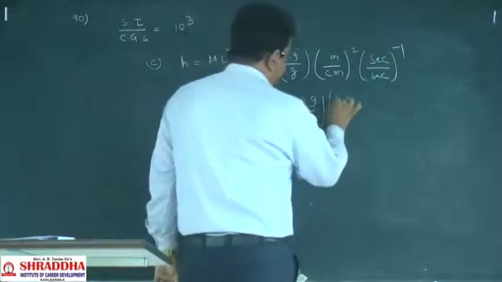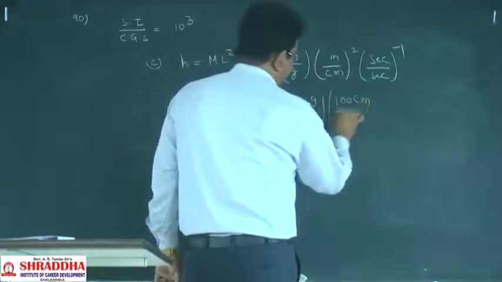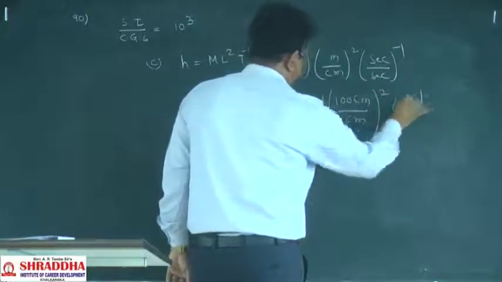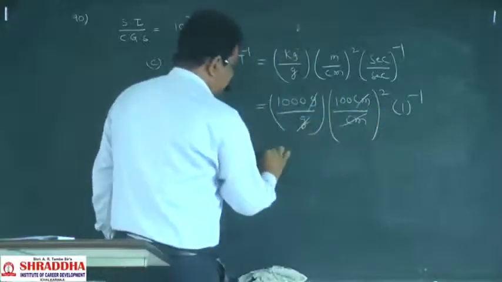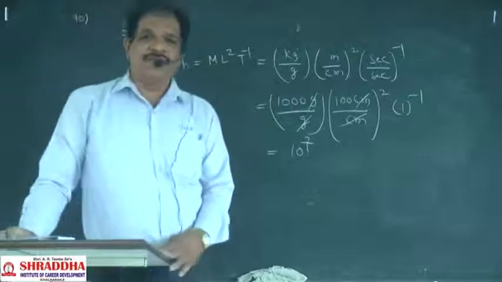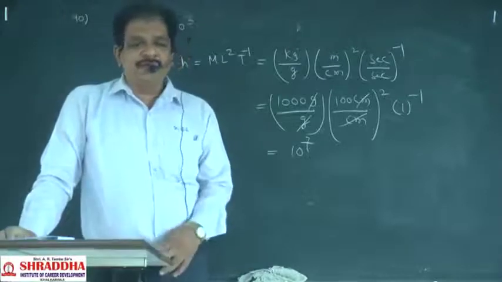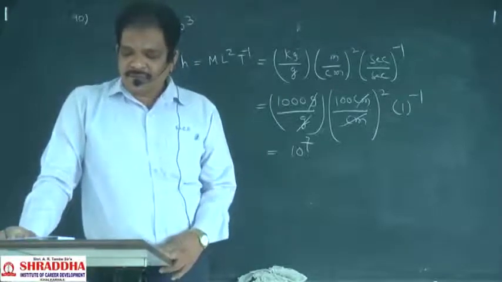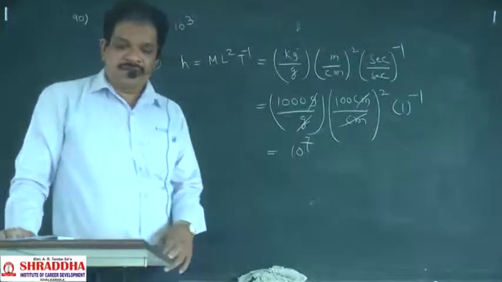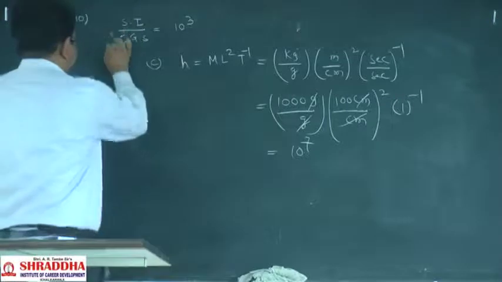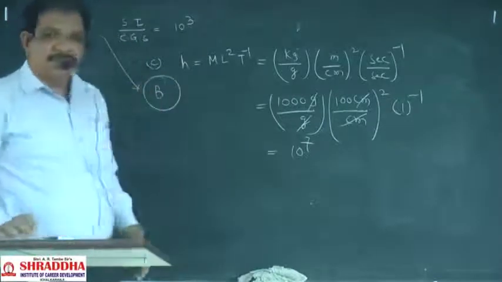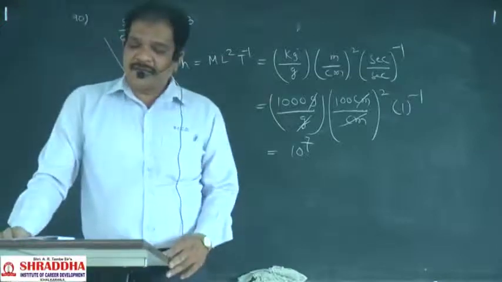This will be 100 centimeter by centimeter. 1 power minus 1. So this will be 10 power 7. Fourth will also have the same, 10 power 7. So B will be the answer for this. 90. It will be B. Clear? Next, 91.